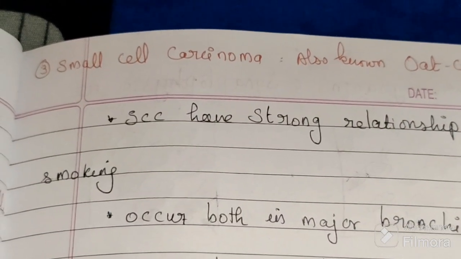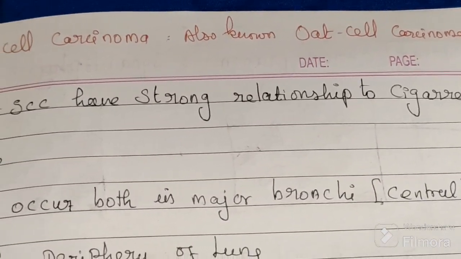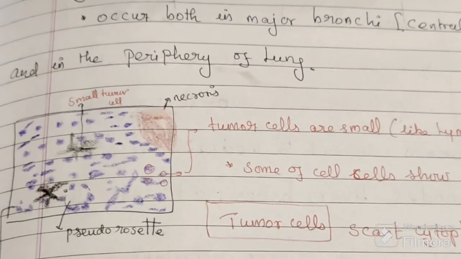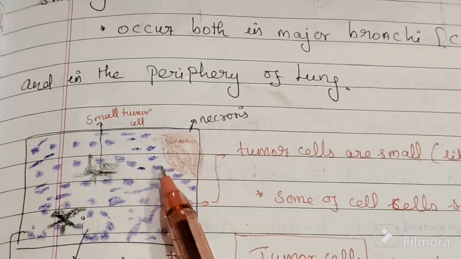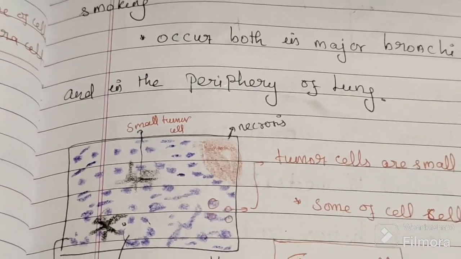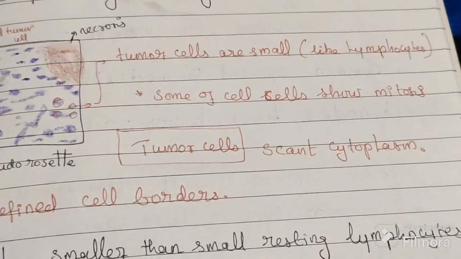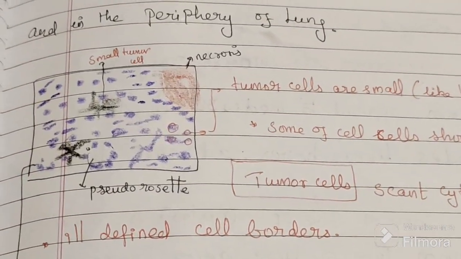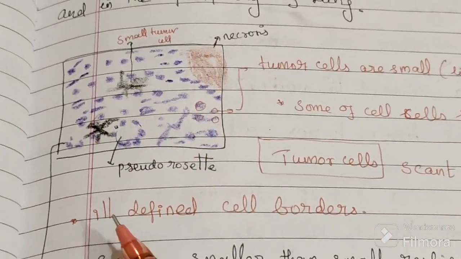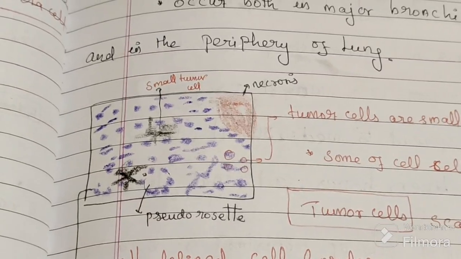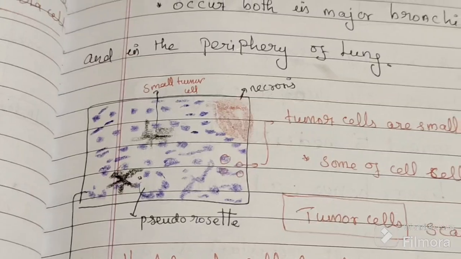The third type is small cell carcinoma, also known as oat cell carcinoma. What is the diagram? Here this one is the tumor cell. Tumor cells are very small, like lymphocytes. Small cells with ill-defined cell borders. A small round blue nucleus is present.